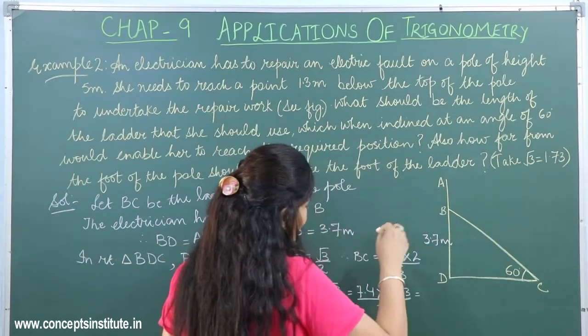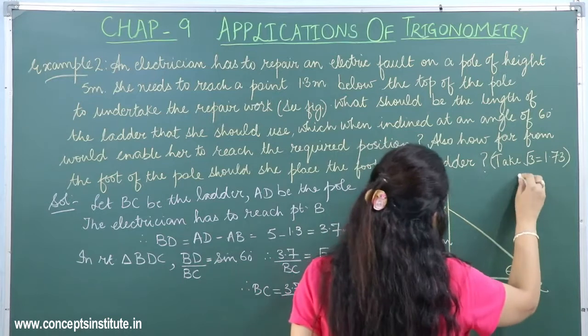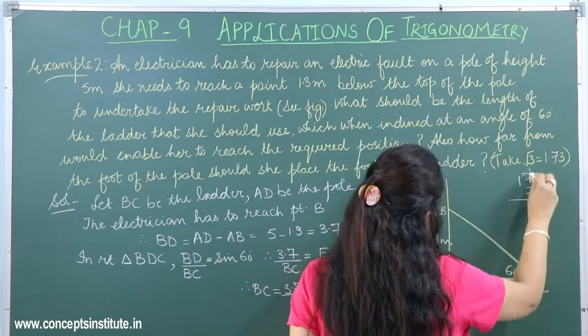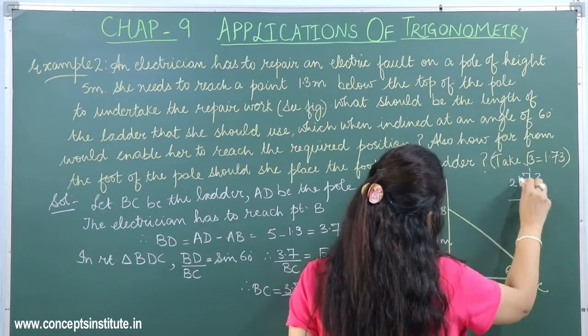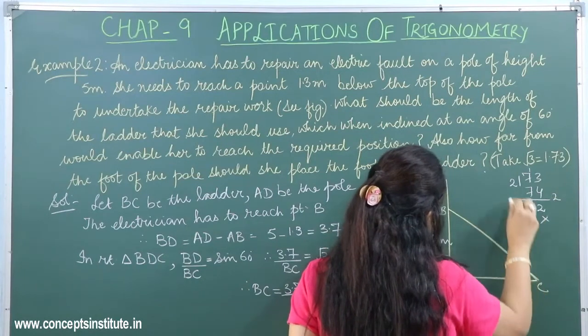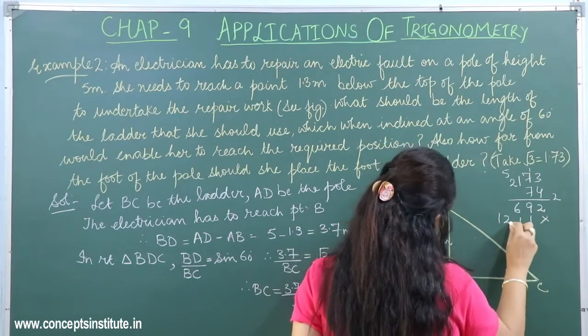So what is 7.4 into 1.73? 4 sevens are 28, 29, 4 ones are 4, and 2 6, 7 threes are 21, 49, 51, 7 ones are 7, and 5 12.